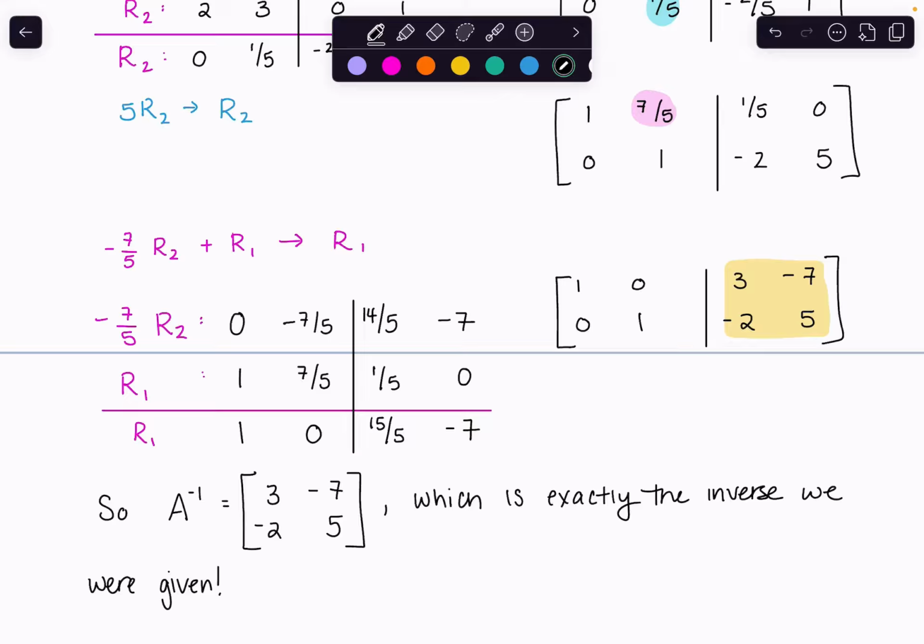So again, it just comes to utilizing your row operations and putting your left-hand side in reduced row echelon form. So the same exact idea extends if you have a matrix that is 3 by 3, okay?